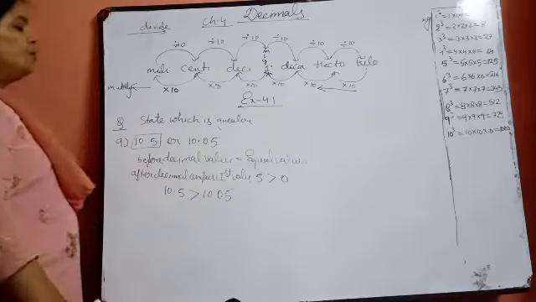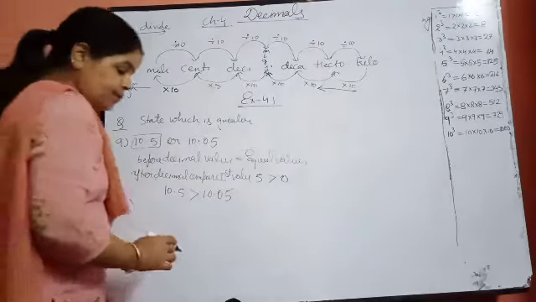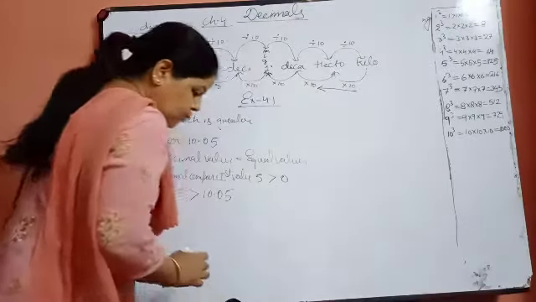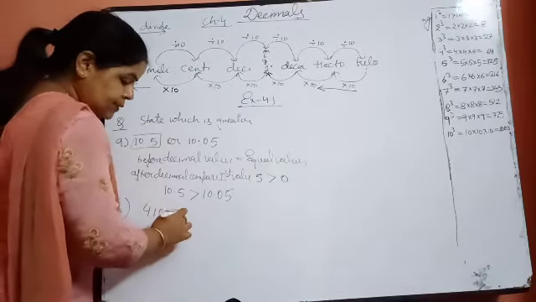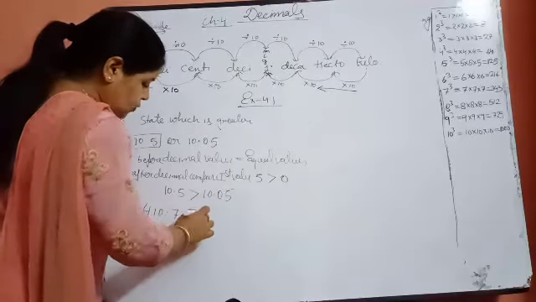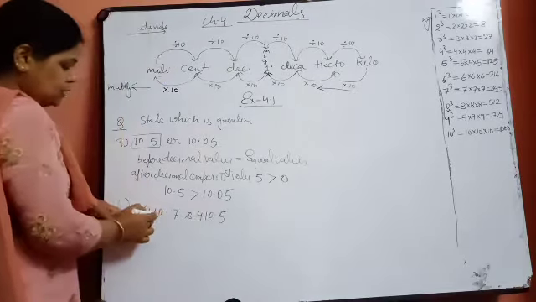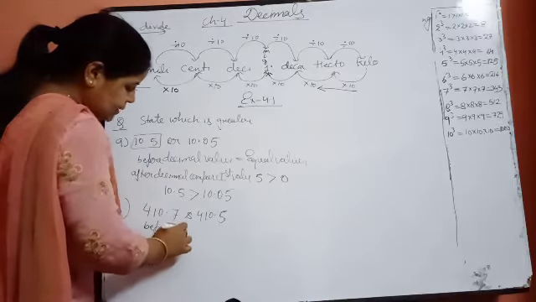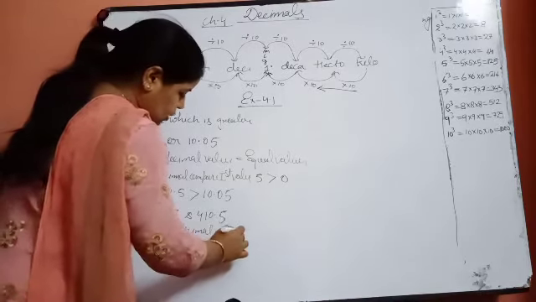Okay, one more part I am going to do. See the B part of this question. 410.7 and 410.5. What I told you, you just see the before decimal. You can see that 410 is equal to 410.